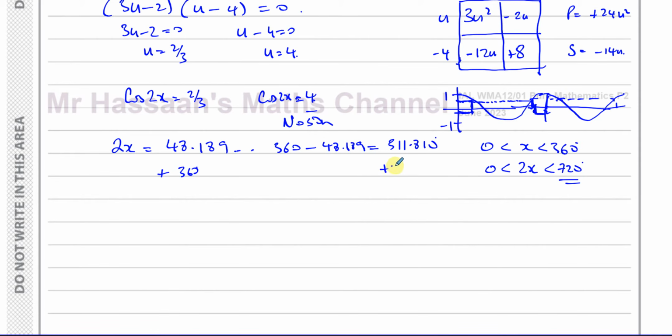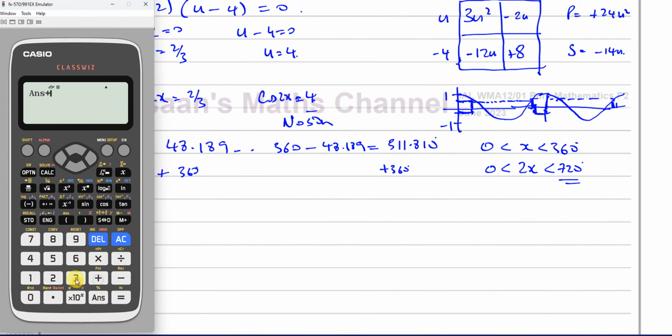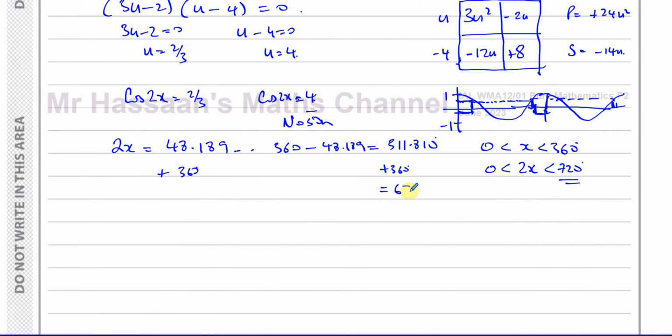Going back to this angle and adding 360 gives us 671.810. And if I add 360 to 48.189, that gives us 408.189.